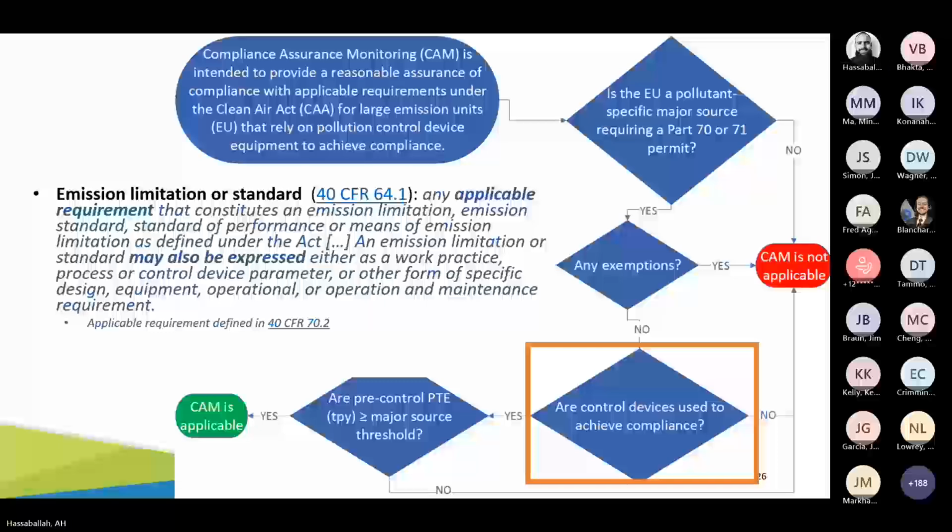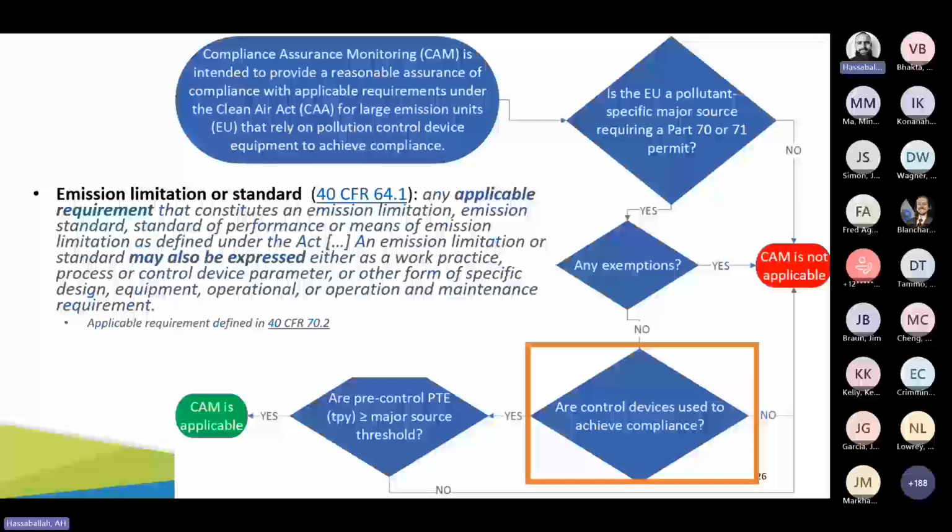It is any applicable requirement that constitutes an emission limitation, emission standard, standard of performance, or means of emission limitation as defined under the Act. Now note that a limit or standard can be expressed as a specific quantity of pollutant, basically like tons per year, or a rate concentration, let's say pounds per hour, or some amount per your fuel consumption.